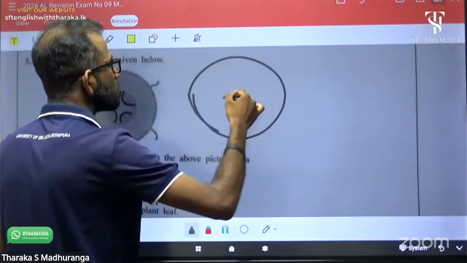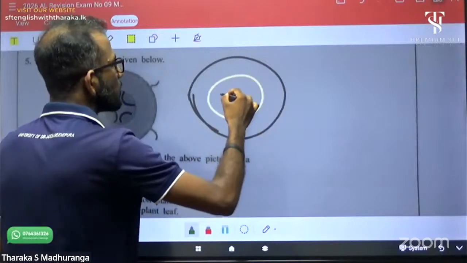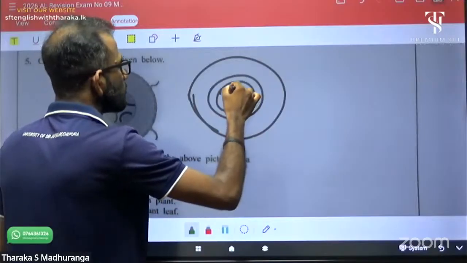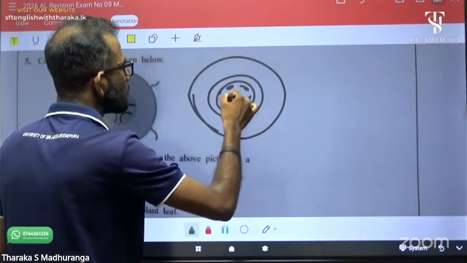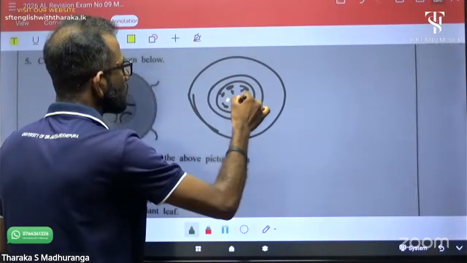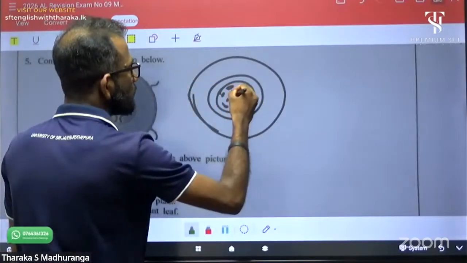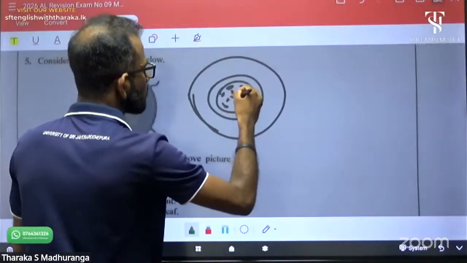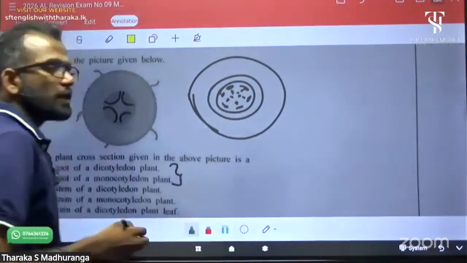Monocot means this is the epidermis and pericycle. This is the shape of phloem, right? Xylem and phloem like this. Not like a star shape, like this. It has no specific shape. Monocot. Okay, that's the difference.